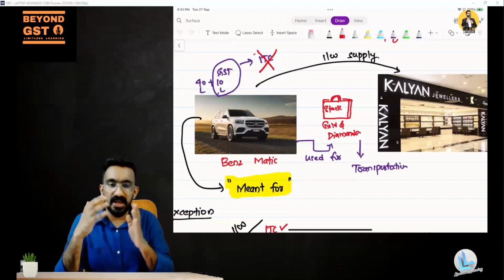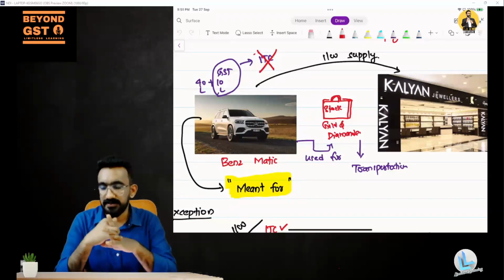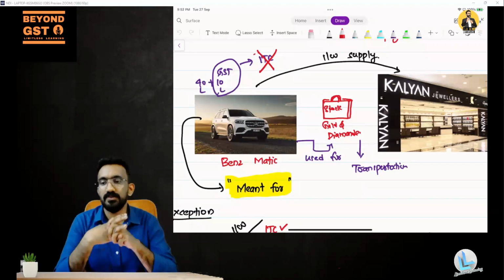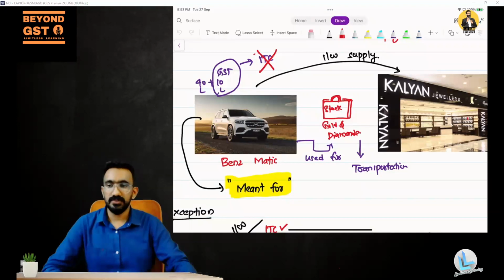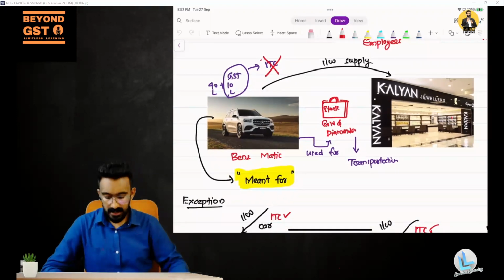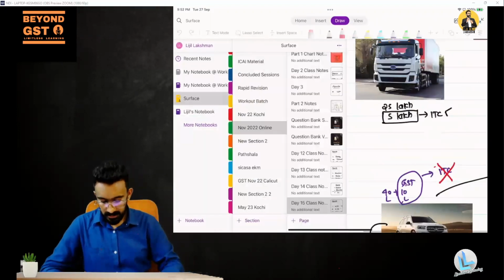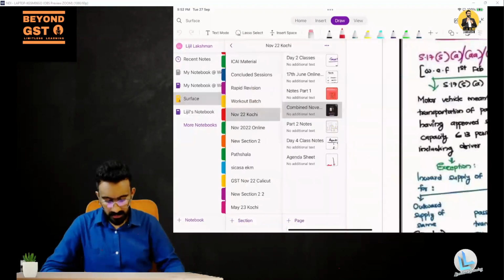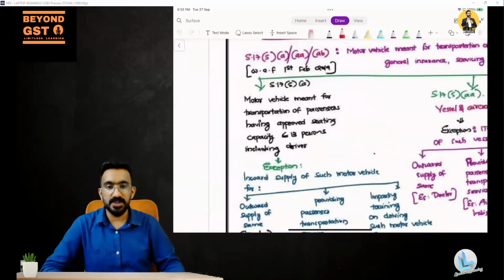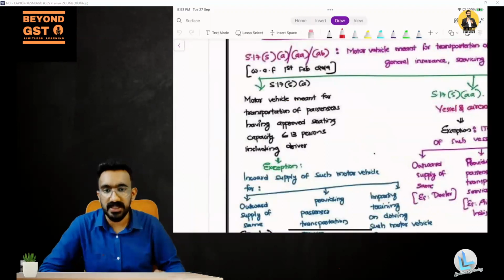So is it allowed as credit or not? It is not allowed as credit. It's a block to credit because it is nothing but a motor vehicle meant for transportation of passengers having approved seating capacity less than or equal to 13, including the driver.